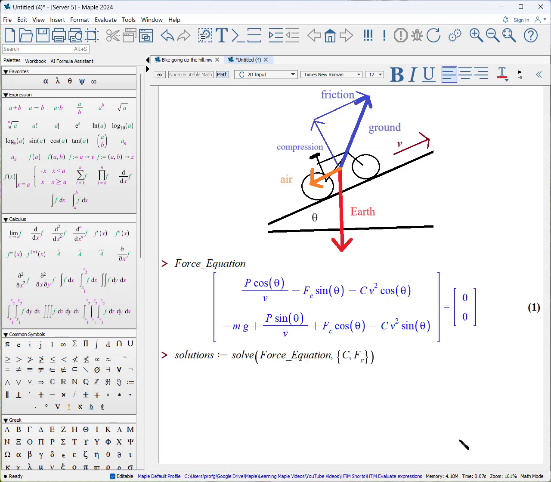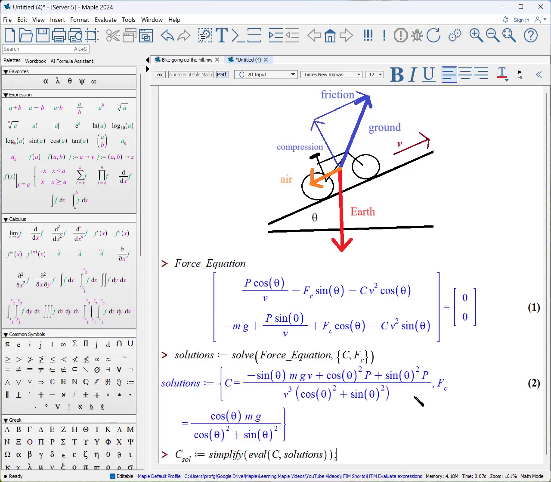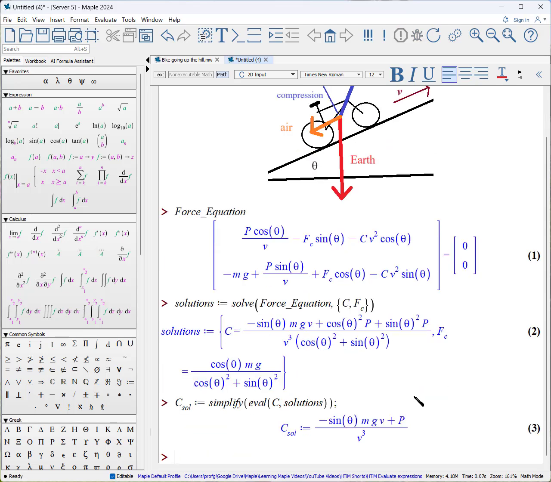At this point, we now have 2 equations and 2 unknowns. These 2 unknowns are the coefficient of the air resistance and the force of compression of the ground. Everything else in the problem I can measure on my bicycle. Let's extract the solution for the coefficient of the drag of the air and simplify given the terms that we have.